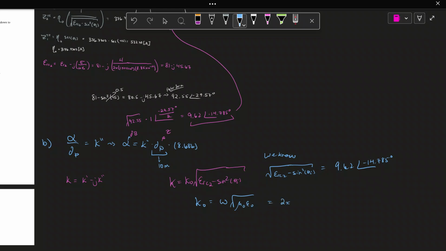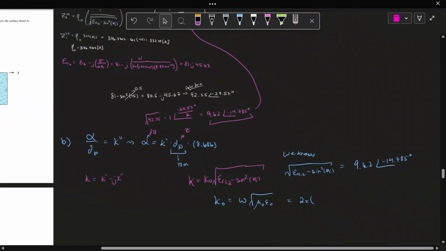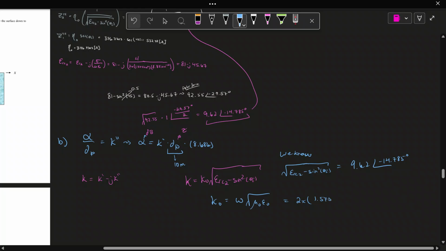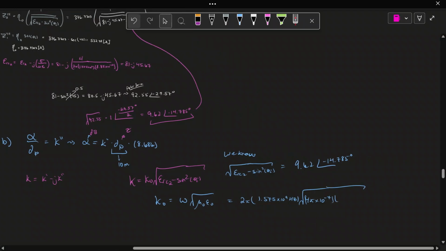So this is 2 pi times the frequency that they give. Make sure in part B, if they give you a new frequency, to use it. In this case, they didn't. So we can use 1.575 times 10 to the 9, this is in hertz, times the square root of mu naught, which is 4 pi times 10 to the negative 7, times epsilon naught, 8.85 times 10 to the minus 12.